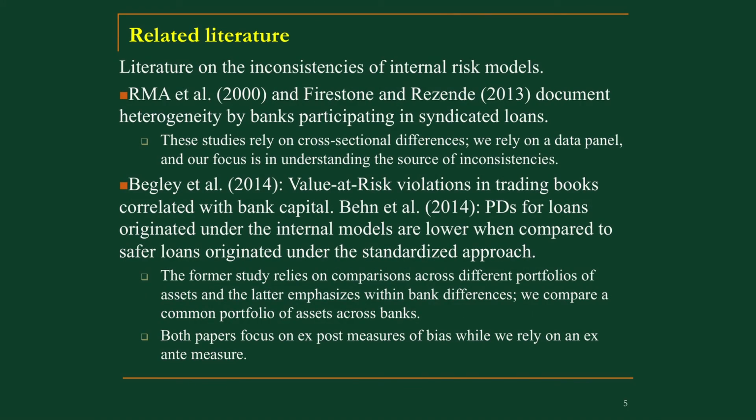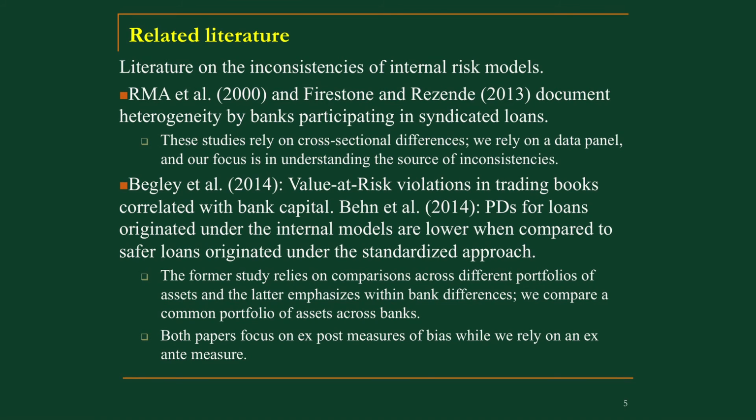As I said, related literature. So the paper is basically related to two camps of the literature. The first one is a series of papers that looked at these inconsistencies of risk metrics. There are two or three initial studies that look at this, but mostly in a cross-section. Okay? And at the time, these were within syndicates.